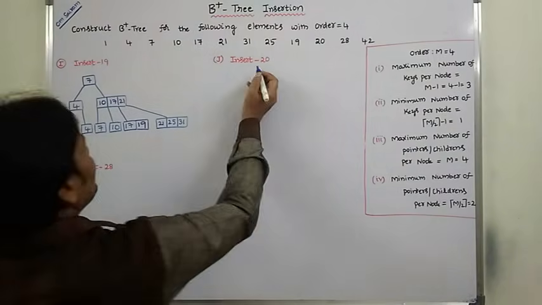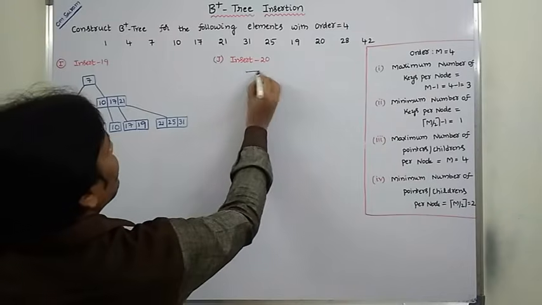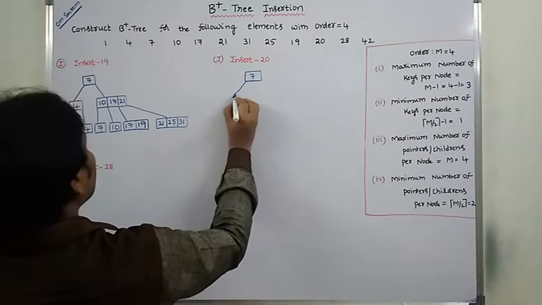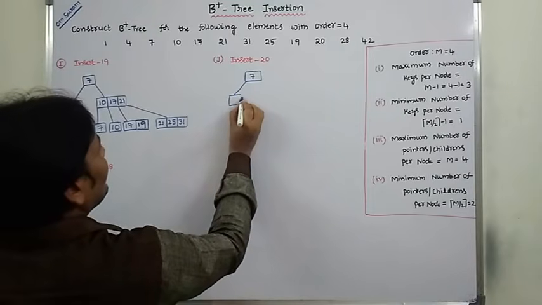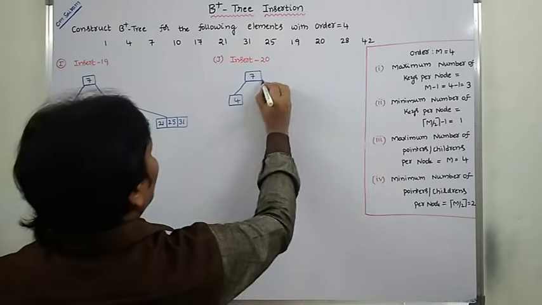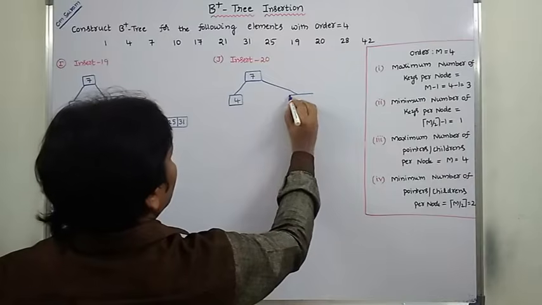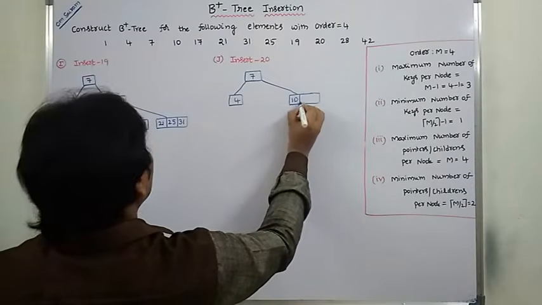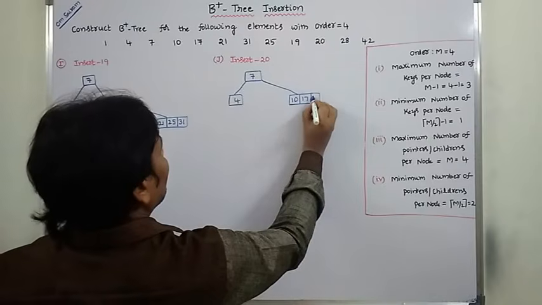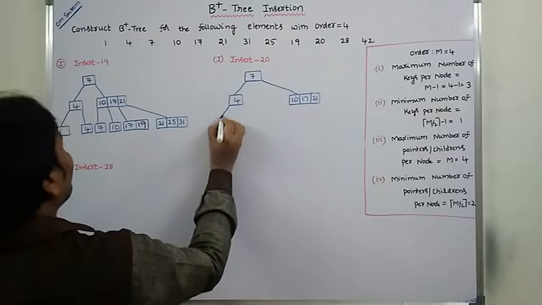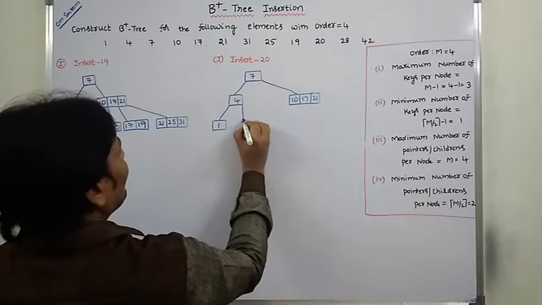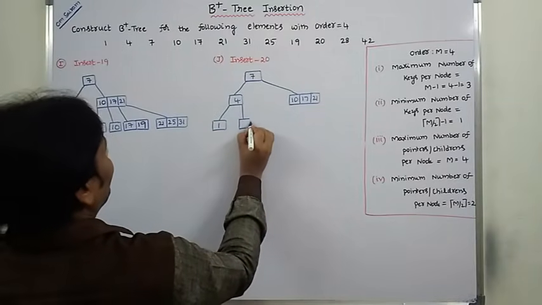Next, insert 20. Before inserting 20, the existing B plus tree is 7, its left child is 4, and its right child contains 3 key elements 10, 17, 21. 4's left child is 1, and 4's right child is 4.